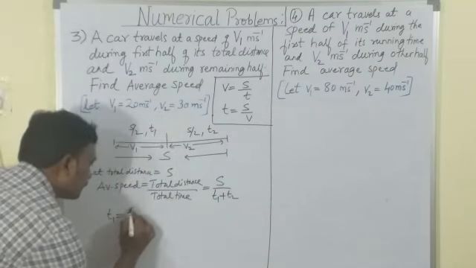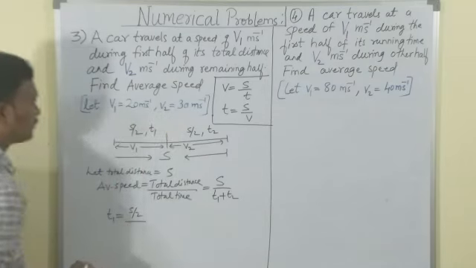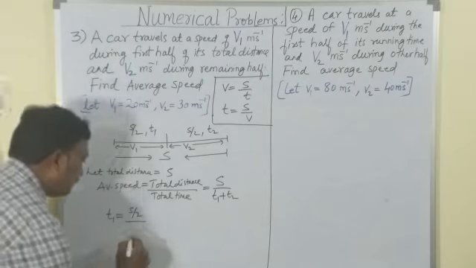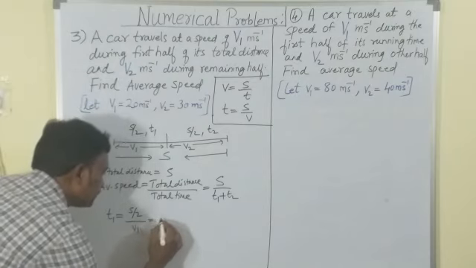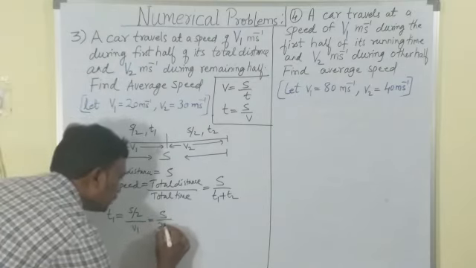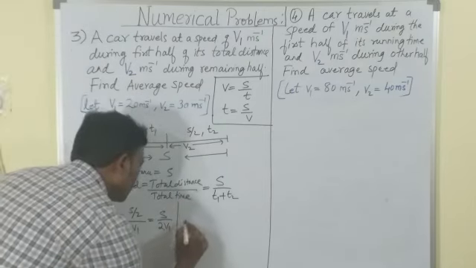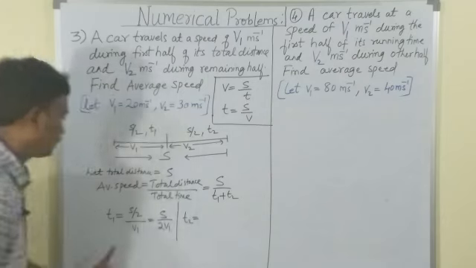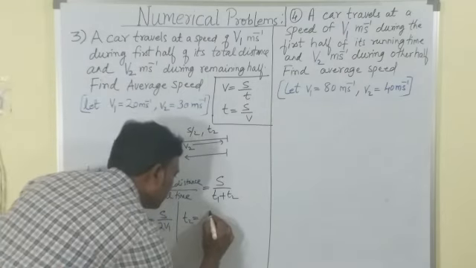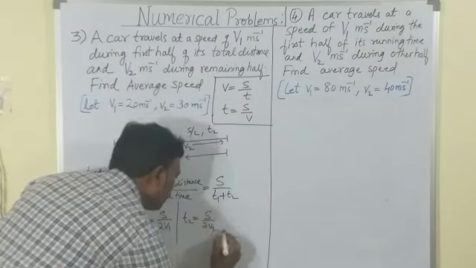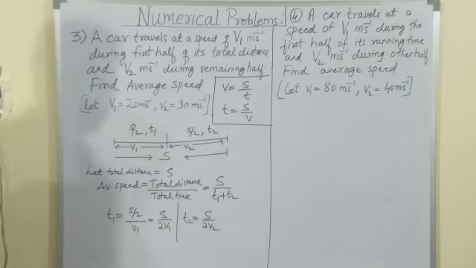S by 2. And what is the velocity here? V1. So t1 is S by 2 V1. And what is t2? T2 is S by 2 V2.